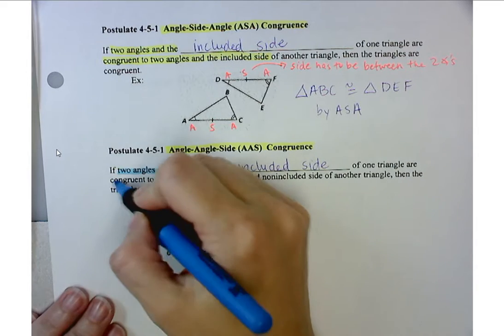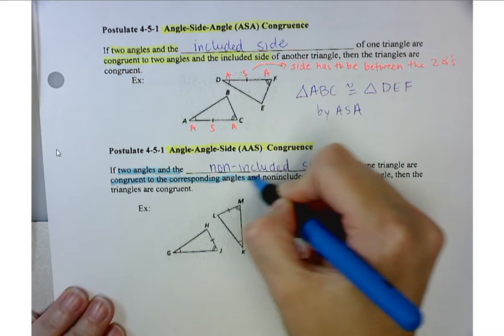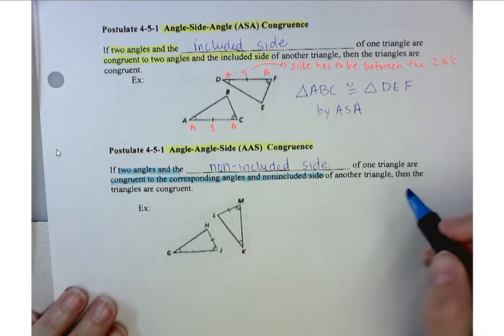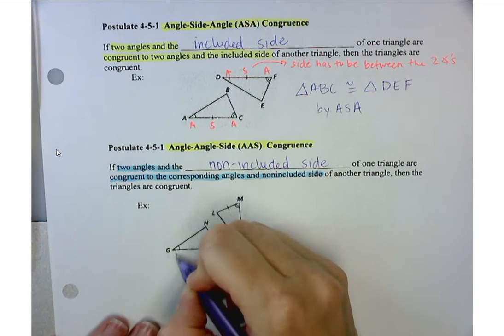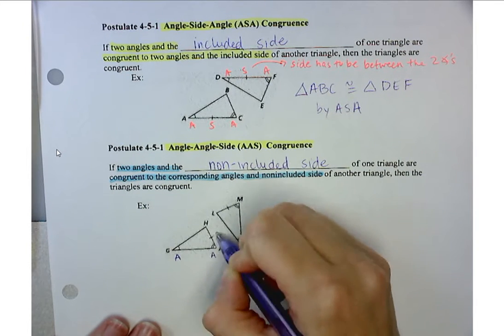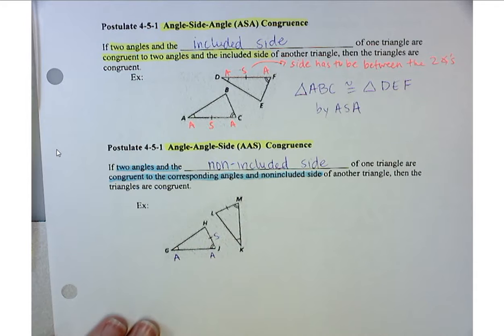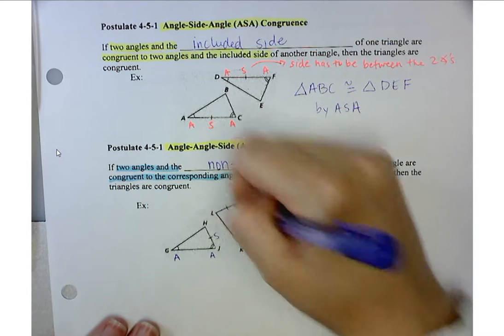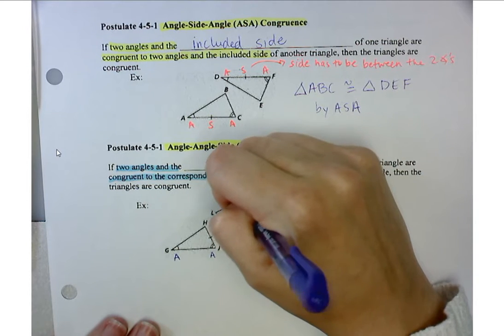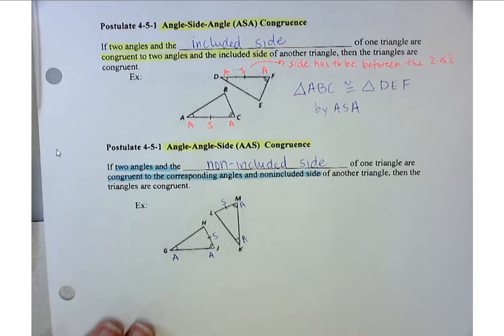And they are congruent to the corresponding angles and non-included side of another triangle. And then we know the triangles are congruent. Okay, so here, this would be angle, angle, side. You could also have angle, angle, and if this side was marked congruent, that would be okay as well. And then this would be angle, angle, side. Okay, so again, it has to be the non-included side.